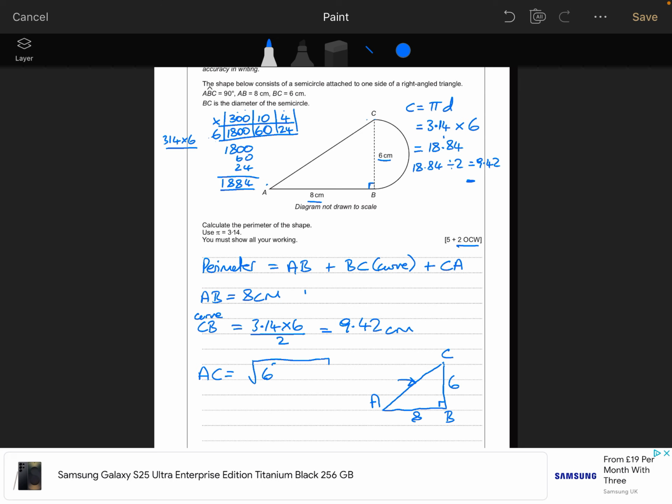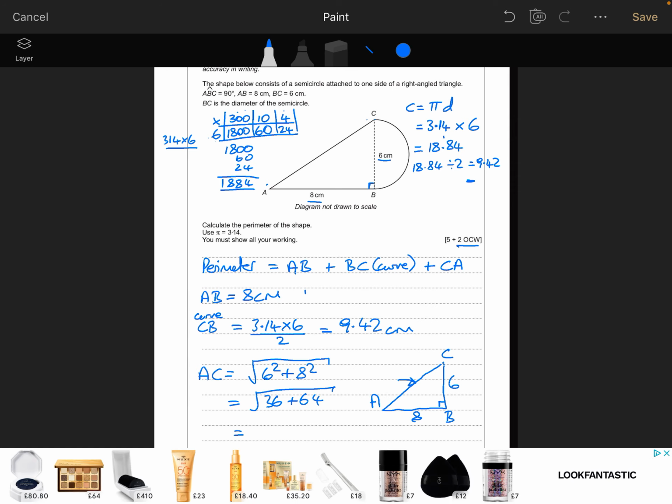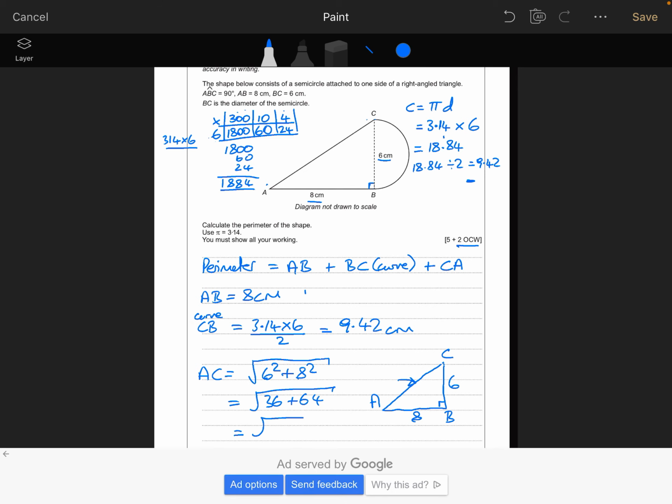So 6 squared plus 8 squared, which is the square root of 36 plus 64. That's 100, isn't it? So the square root of 100, which is 10 centimeters. Now I'm going to underline that bit, and I'm going to underline the other bits as well, because those are the important bits.